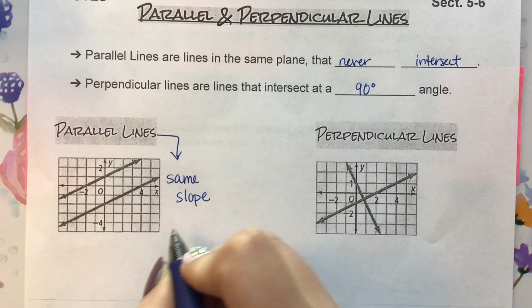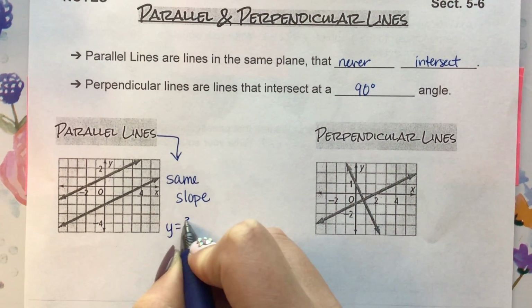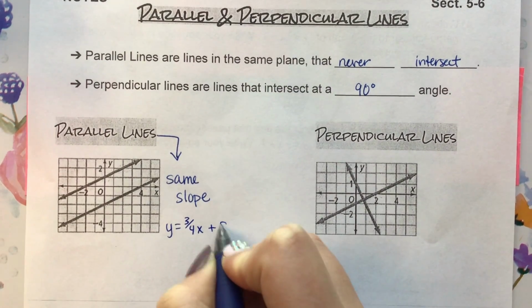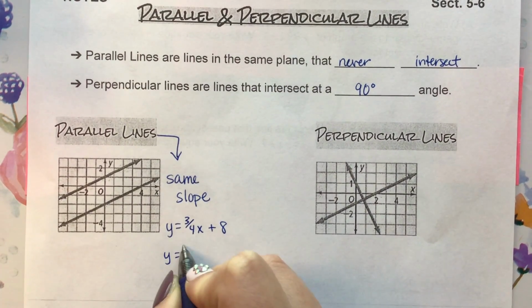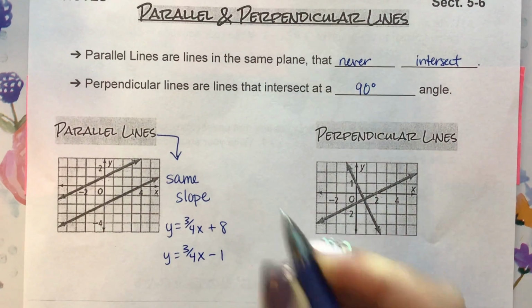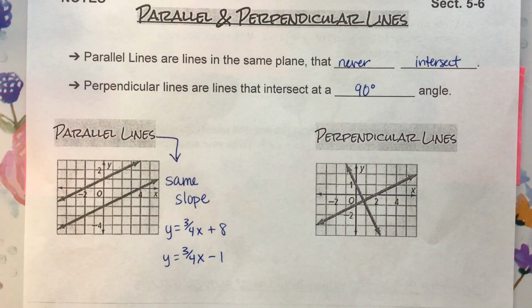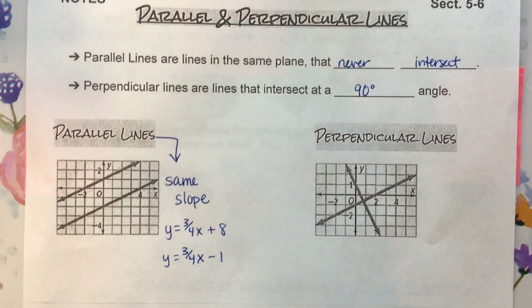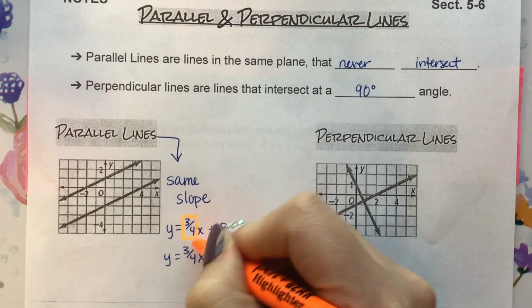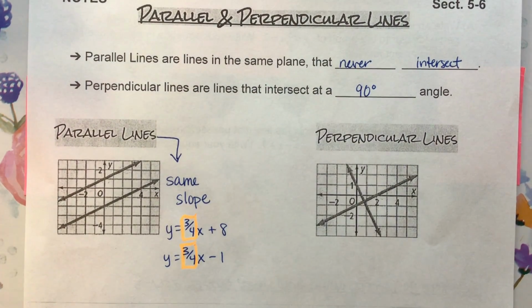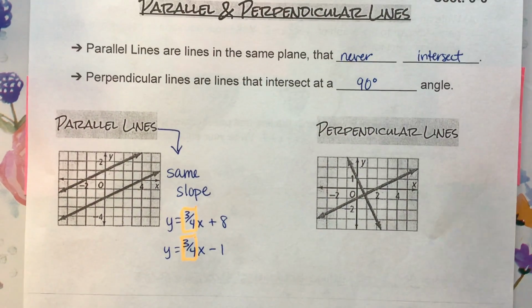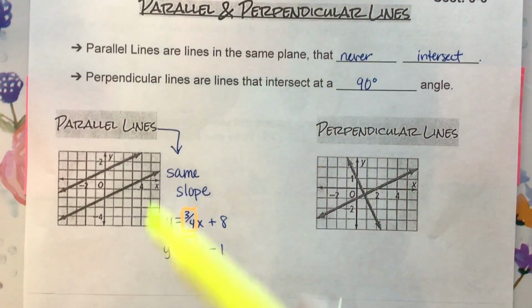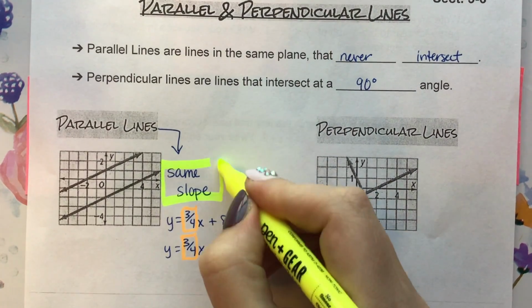So an example would be y is equal to 3/4 x plus 8, and y is equal to 3/4 x minus 1. Notice how this 3/4 and this 3/4 match. They have the same slope. Let me actually box in same slope for you as well.